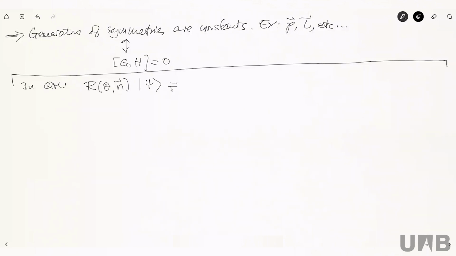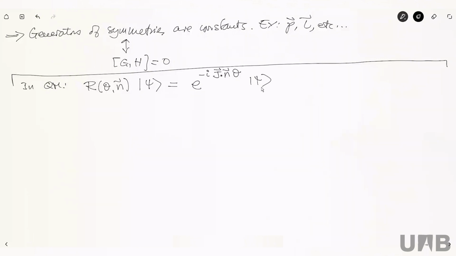Maybe with the angular momentum operator. Yes, but what is it? It is the exponential of minus i, and J, the angular momentum, times n times the angle, on psi, right?